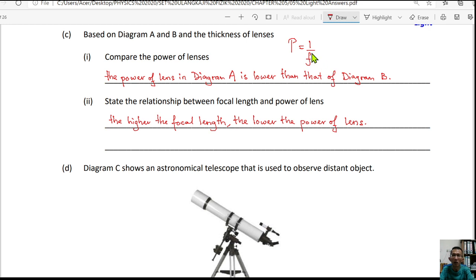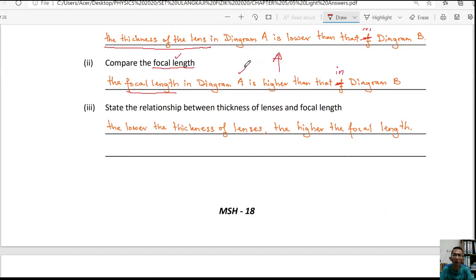All right, so if we have a smaller focal length, then the power must become greater. Okay, the lower the focal length, then the greater the power, right? So first compare the power of the lenses.